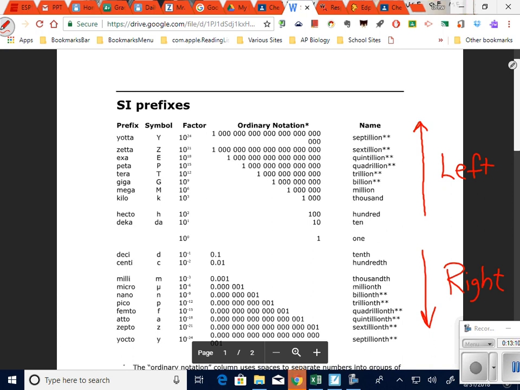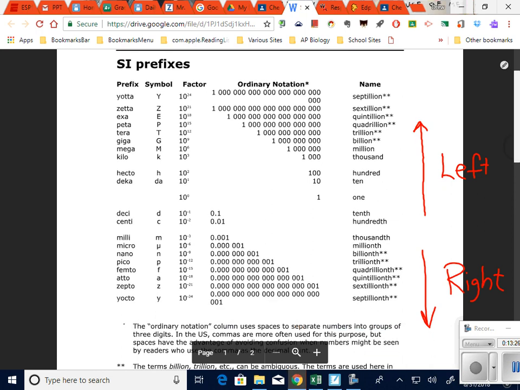Now, key things. Oops, I don't want to do that. I wanted to bring this down.